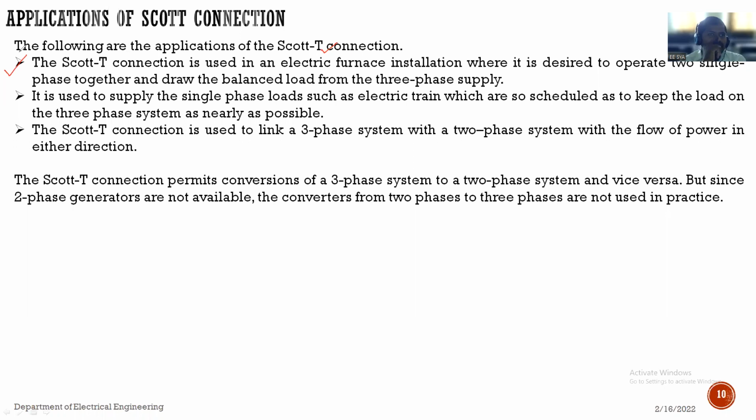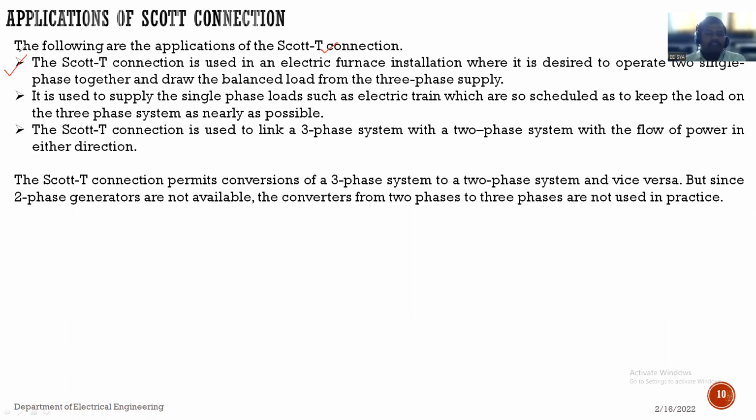The first objective is that if the existing system is three phase, and your extra load is a two-phase load. Initially I am using a three-phase load, but day by day there is a change in the power system, and also newly technological equipment like machines, motors, or some furnace.